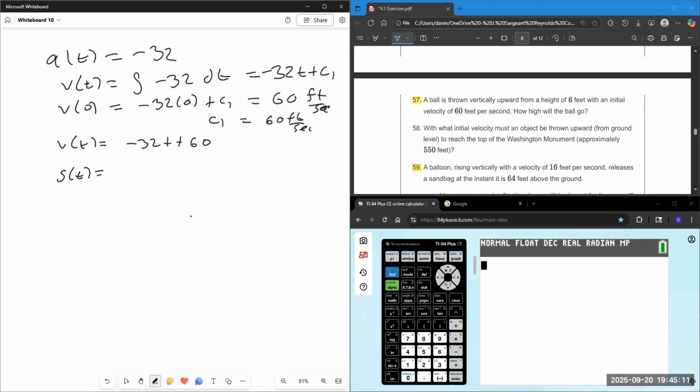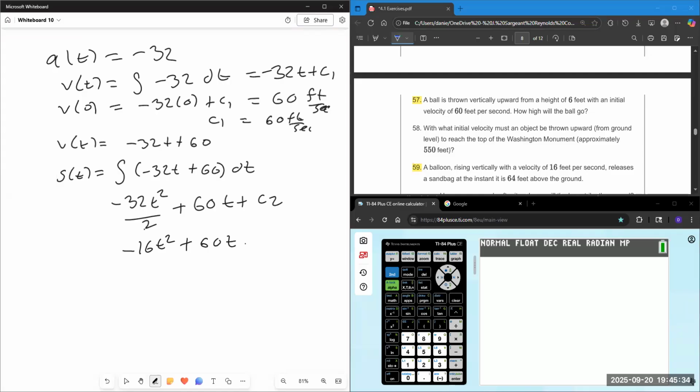Position equation S of t is the integral of -32t plus 60 dt. That will be -32t squared over 2 plus 60t plus c2. So that's -16t squared plus 60t plus c2 is our S of t.